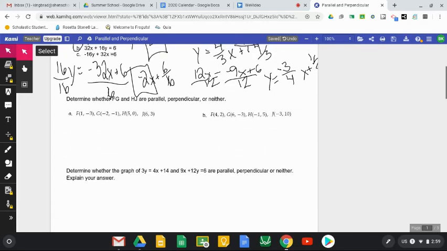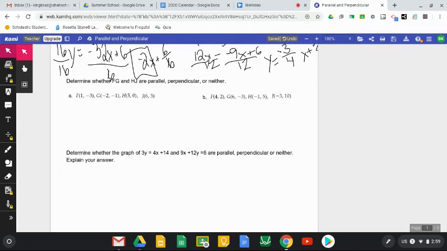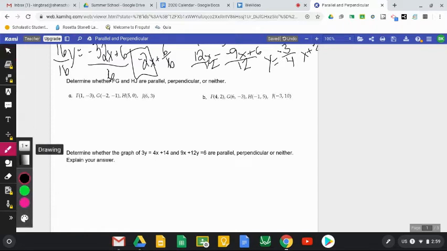Okay, so there's those examples. I'll do A and you'll do B. So determine whether they are parallel, perpendicular, or neither. So F, G, and H, J. So what I actually have to do first is I have to find what the slope is. So x, y: -3 minus a -1 over 1 minus a -2.